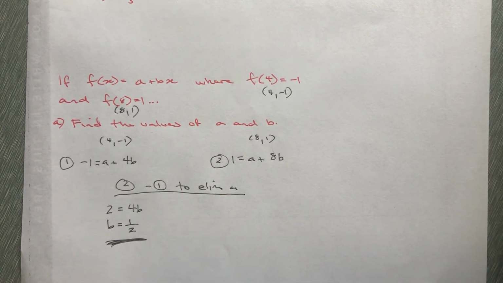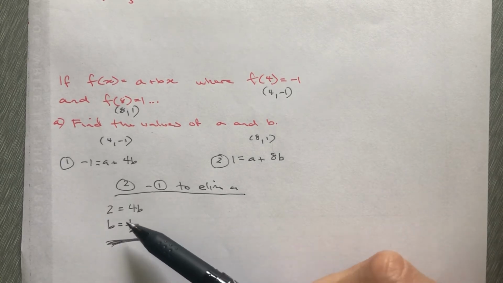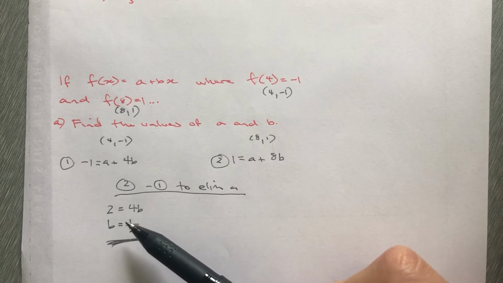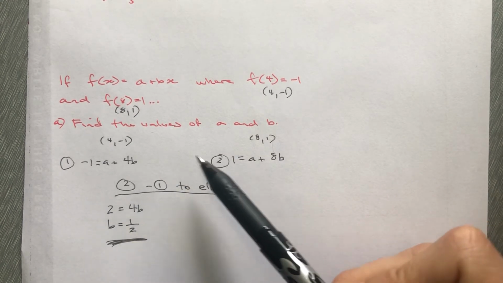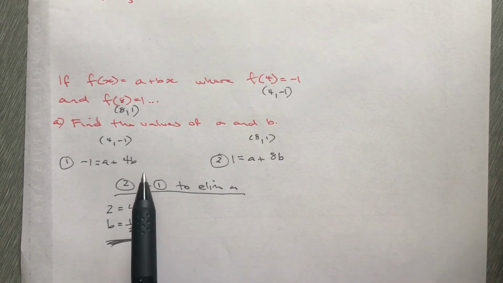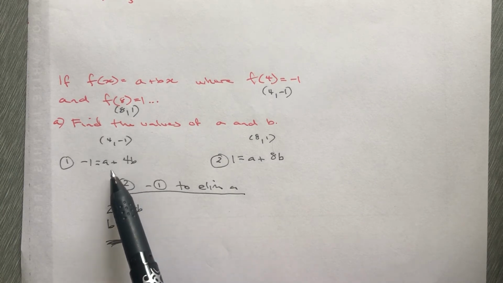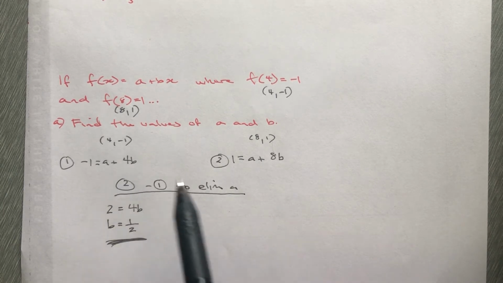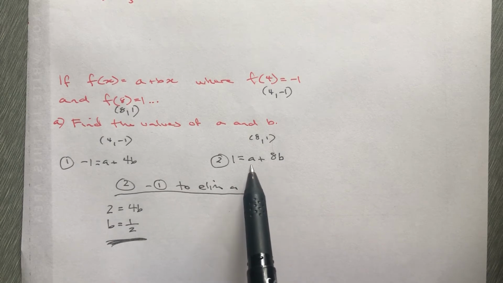So we've got b, but we also need a. So let's take our answer for b, and we can substitute it into either one of these equations here, because if you fill in b, the only unknown you've got is a, so you'll be able to solve for it.